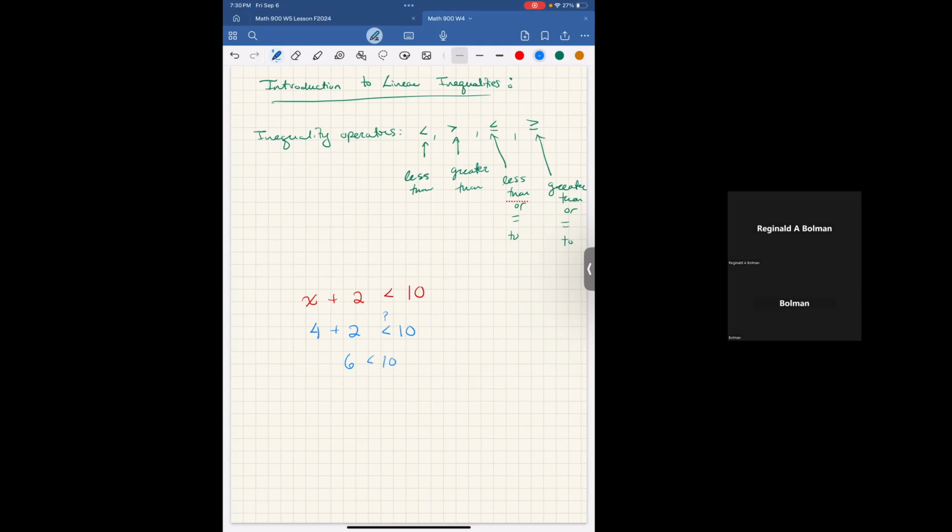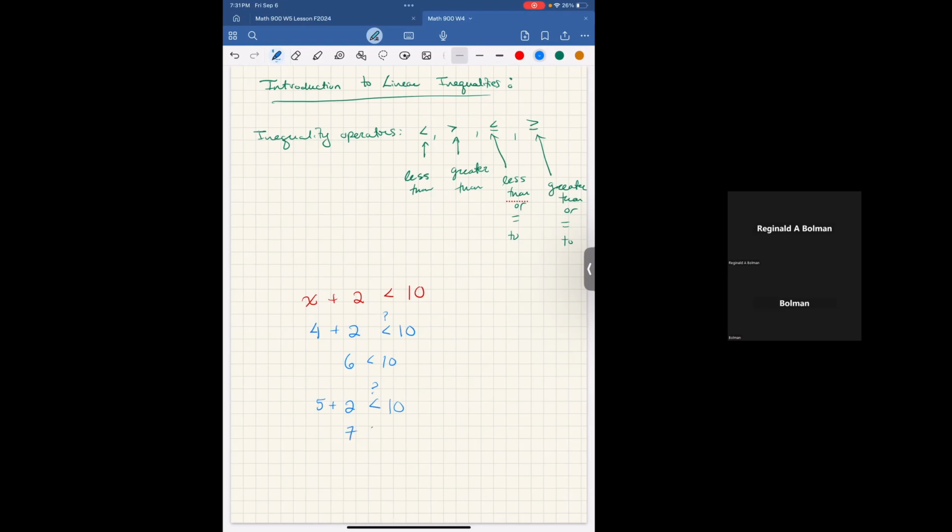But what's interesting about inequalities as compared to, say, linear equations is that you don't necessarily just have a single solution for the linear inequality. In fact, you have a range of potential solutions, because while I could have picked 4 for my x value, I could have just as easily picked, say, the number 5 for my x value. And if I ask the question, 5 plus 2, is this strictly less than 10?